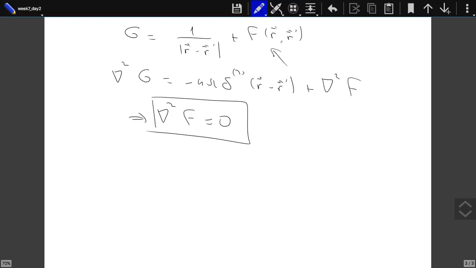It will be corresponding to some other charges outside our volume. So the charge density corresponding to that other charge will be 0 in our volume. So F satisfies the Laplace equation in our volume. So this is the basic idea of the Green's theorem.